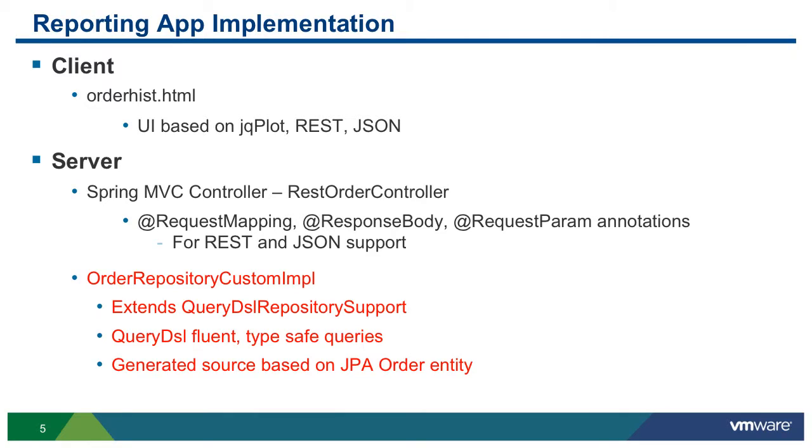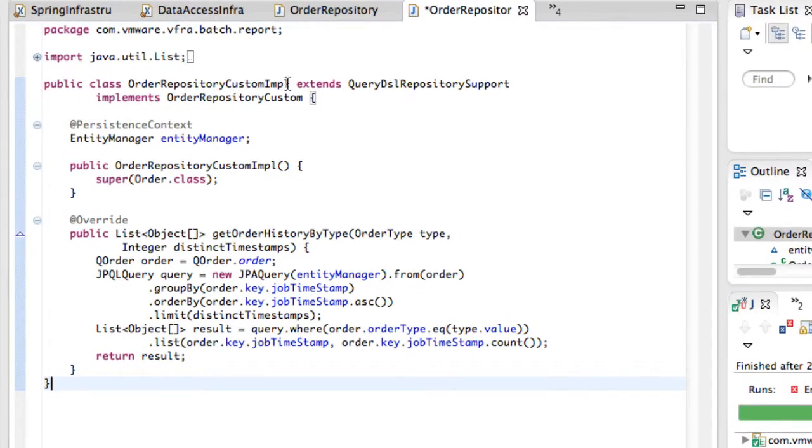So now we'll take a look at our order repository implementation. I have a custom impl class that extends Query DSL repository support and is based on the use of Query DSL, which is an API that is type safe and fluent. It's very easy to read, a great alternative to building queries using string-based queries or Hibernate criteria. This is a lot more concise.